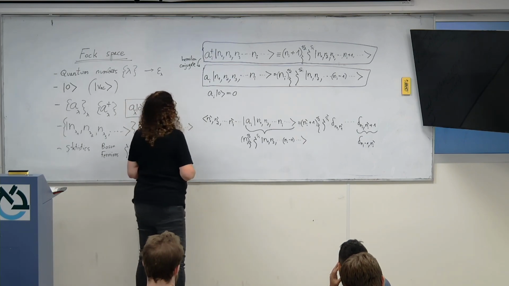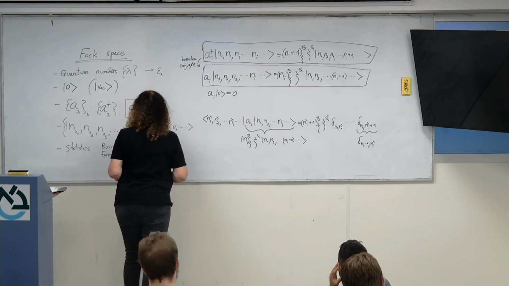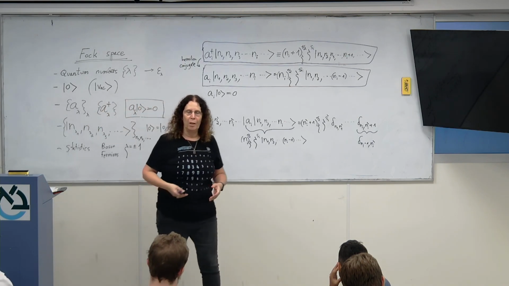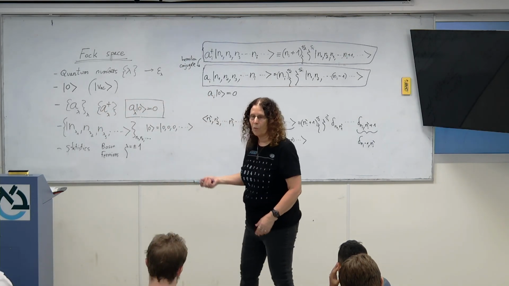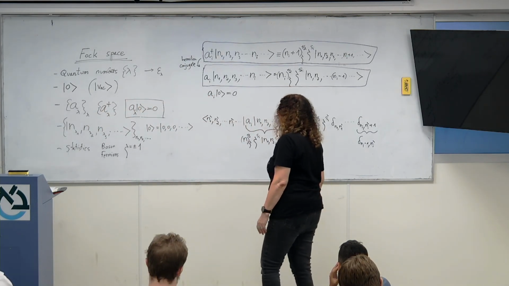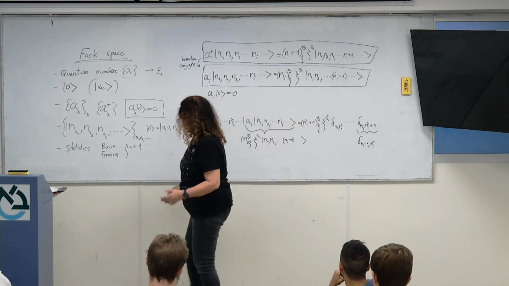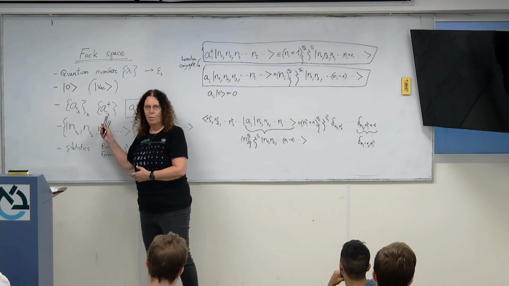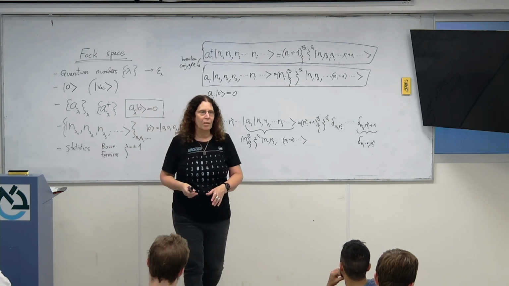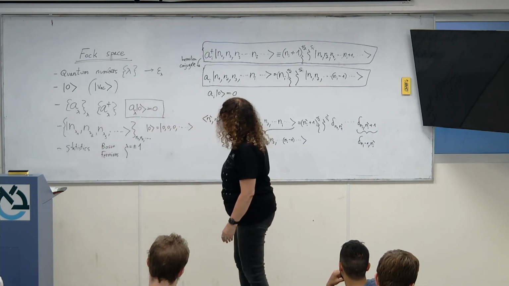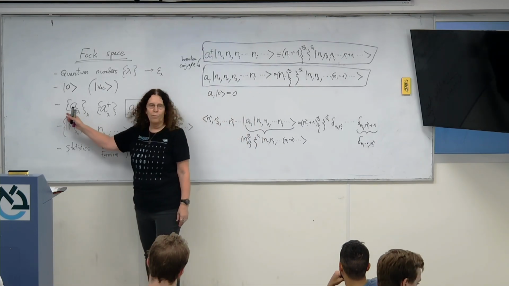Very good. So now that I have a well-defined basis for my Hilbert space, which is the Fock states, I have a well-defined definition of the two sets of operators. I'm claiming that any physical operator can be expressed in terms of combinations of A and A dagger.